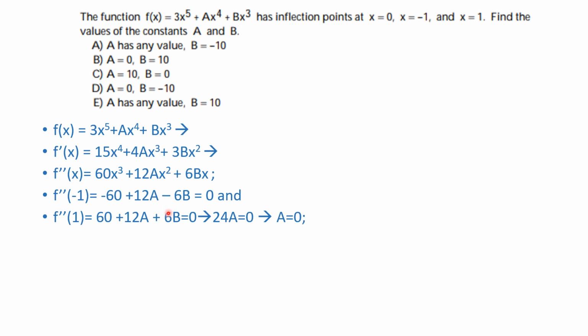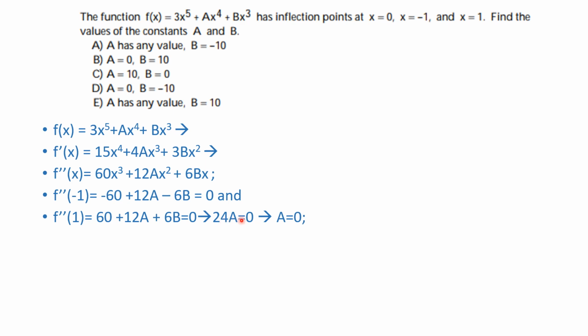If we add up these two equations, then negative 60 goes with 60, and then 12a plus 12a will give us 24a, and then negative 6b and positive 6b will cancel each other.